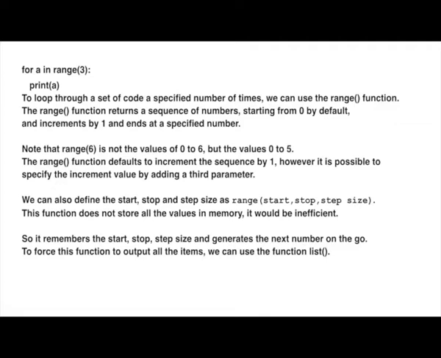The range function defaults to incrementing the sequence by 1. However, it is possible to specify the increment value by adding a third parameter. We can also define the start, stop and step size as range(start, stop, step).